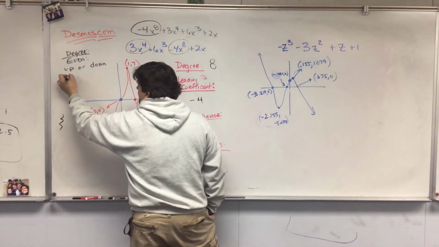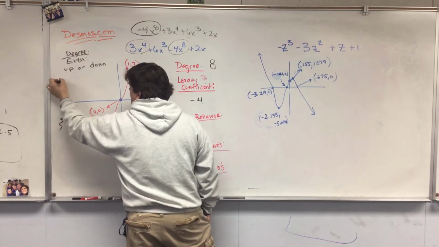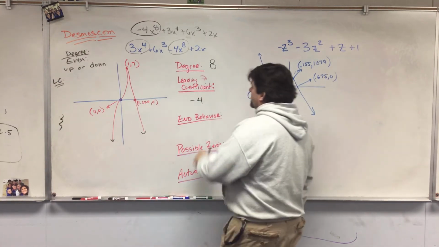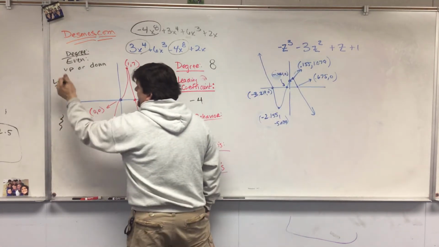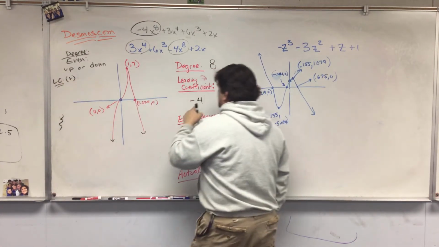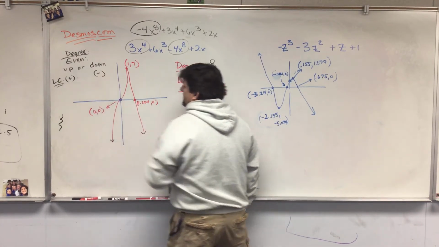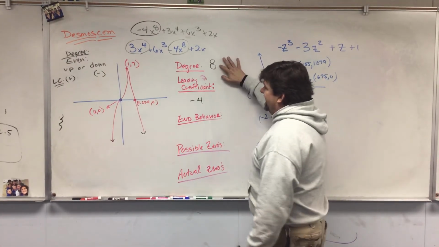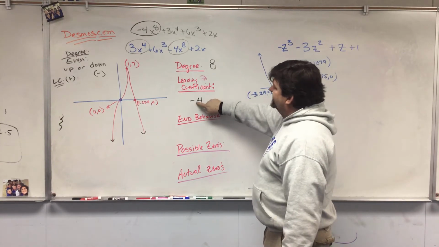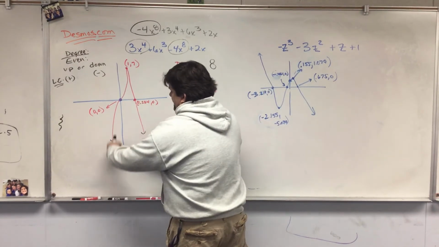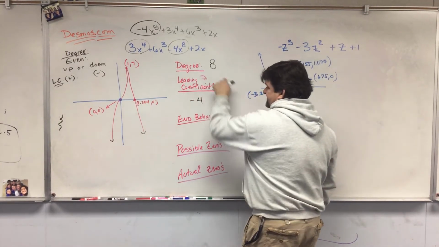And the leading coefficient, LC, when they're both pointing up, is positive, and when they're both pointing down is negative. So this one is a degree of 8, and leading coefficient is negative, so both of them are pointing down. That's what this tells us, okay?